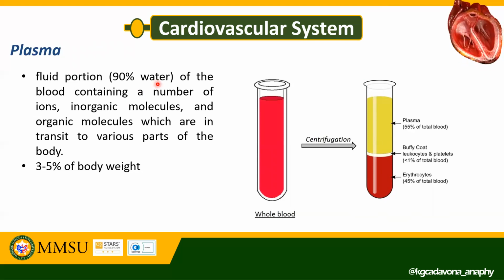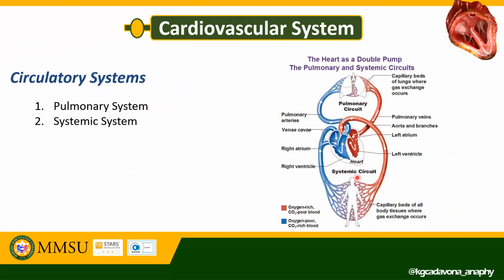It contains some nutrients, gases, which are the carbon dioxide, the oxygen, and such. And then hormones, electrolytes, and even proteins. So definitely, based from the picture, it is yellowish in color, and basically it accounts the largest number of distribution sa content mismo ng buong dugo ng animal. So those are the different components of the cardiovascular system.